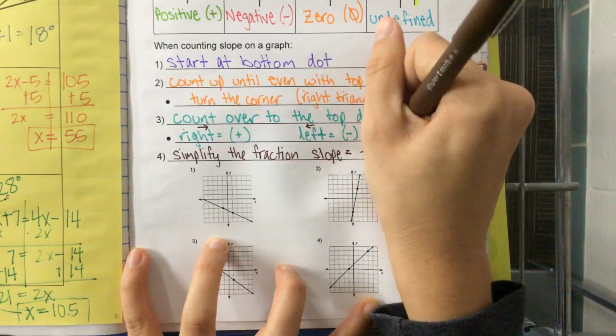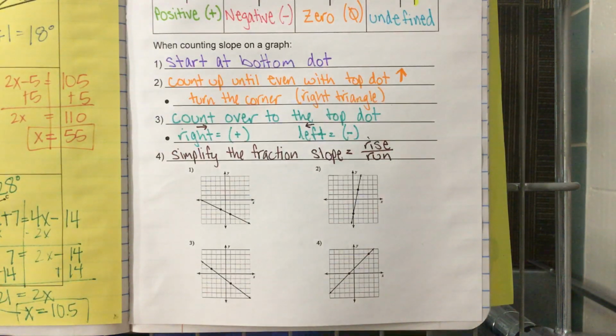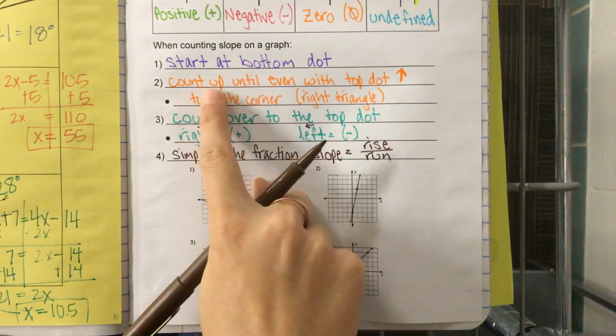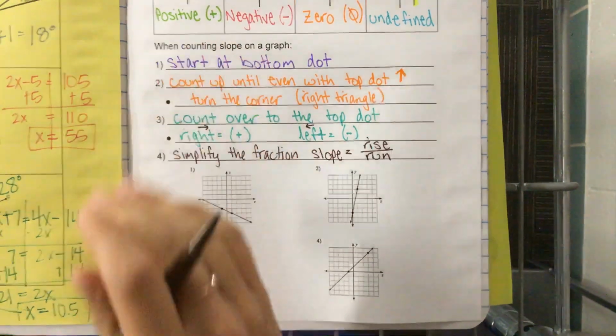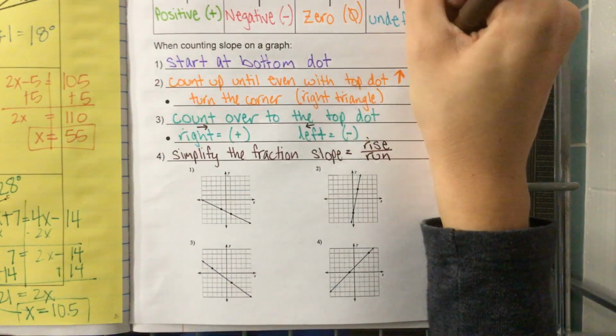Which part do we think is our rise? Which number that we counted do we think is our rise? The number that we counted from step 2. When we counted up, when you go up, you rise. So from step 2, we can say that this number that we counted is our rise.